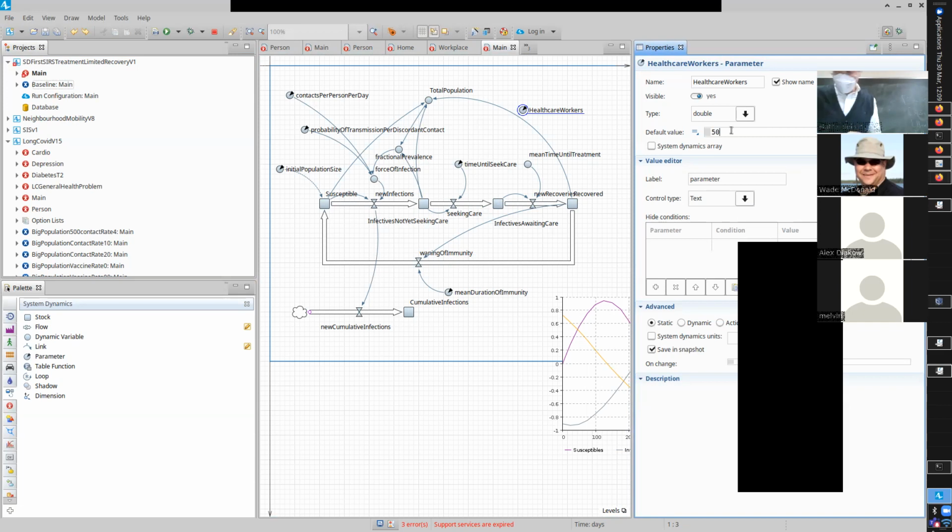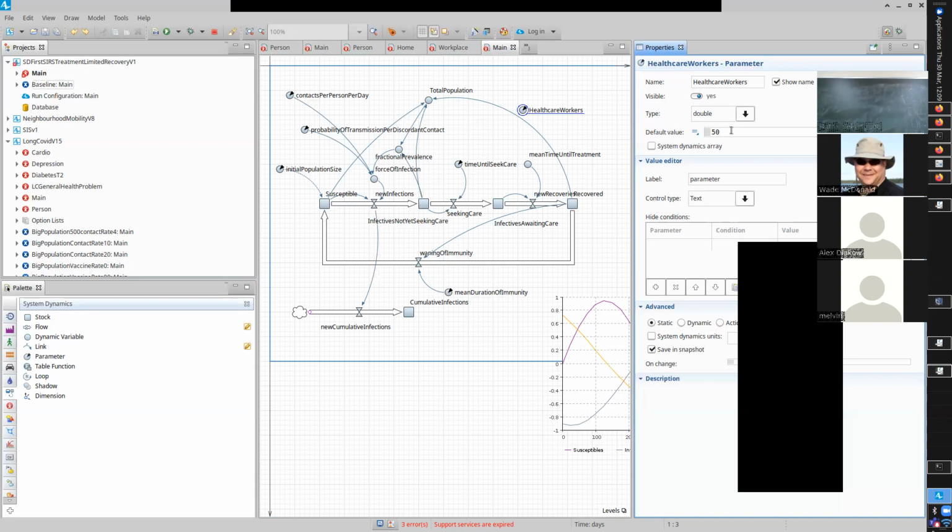And the units of this, well, we're going to need to mention that susceptibles, infectives, and the subtypes of that and recovers are all dimension T. So healthcare worker time per patient is going to be the number of healthcare worker days, or healthcare worker time, which is healthcare workers times time divided by the number, the time per patient.